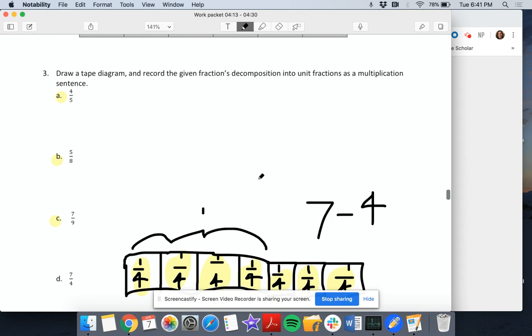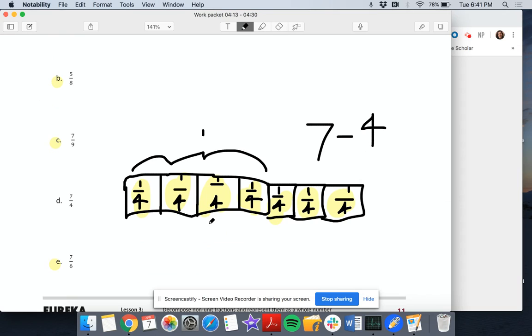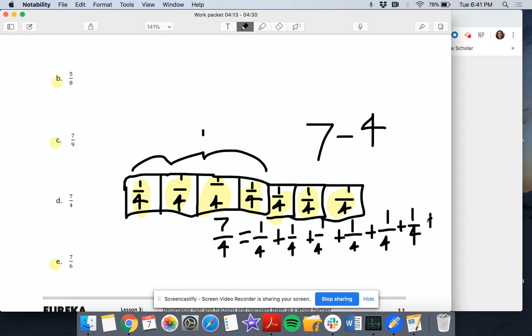And then I'm going to go ahead and write my multiplication sentence. Actually, let's go ahead and write our number sentence first. So we have 7/4 is equal to 1/4 plus 1/4 plus 1/4 plus 1/4 plus 1/4 plus 1/4 plus 1/4. So 7/4 is equal to 1/4 seven times.